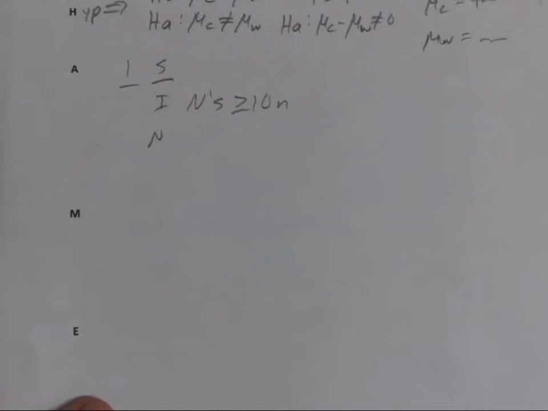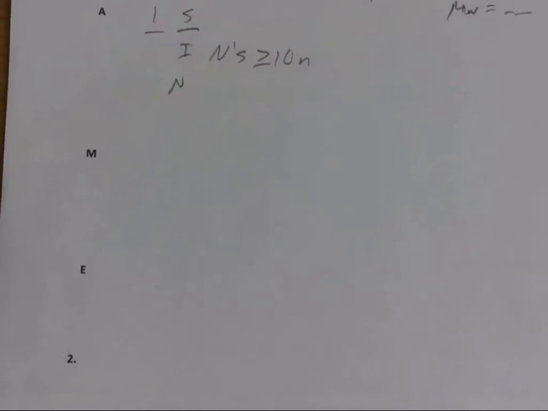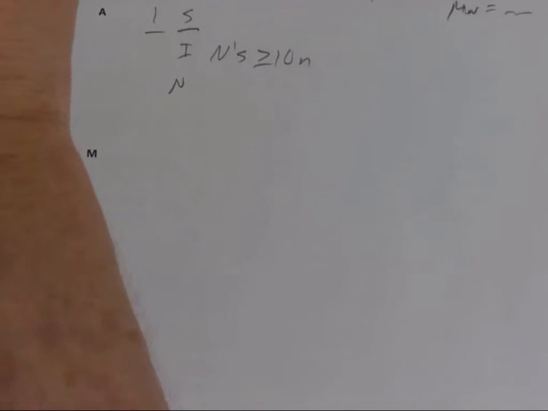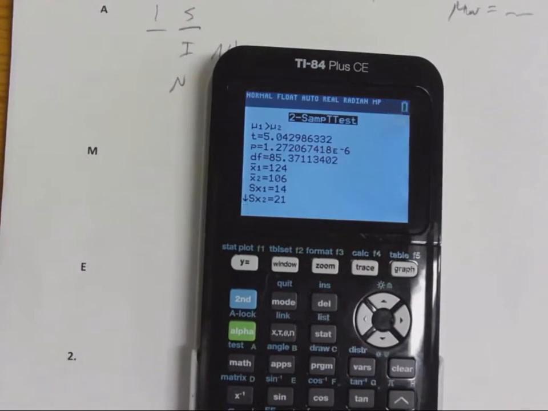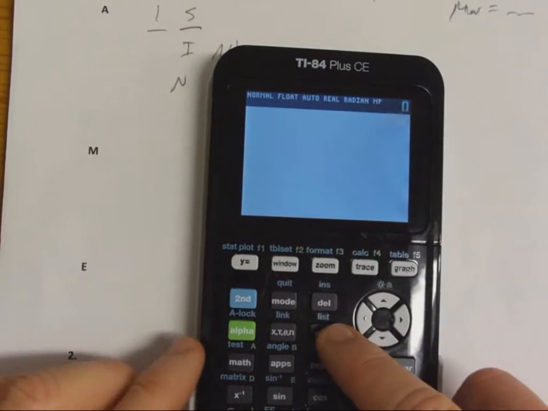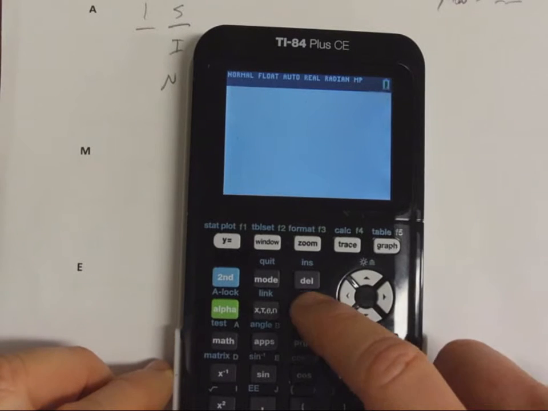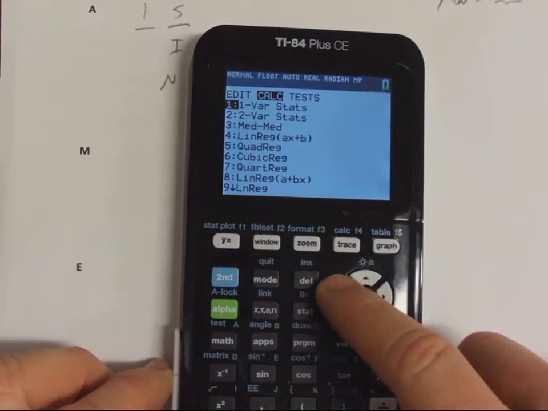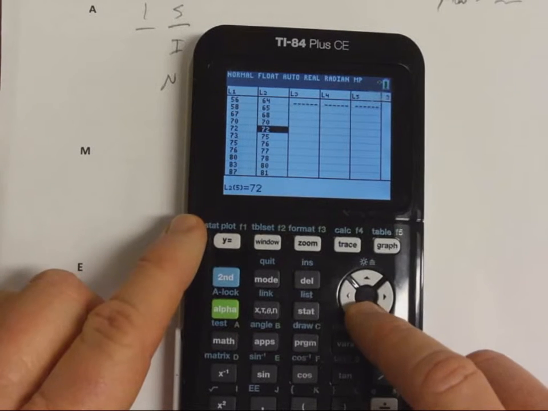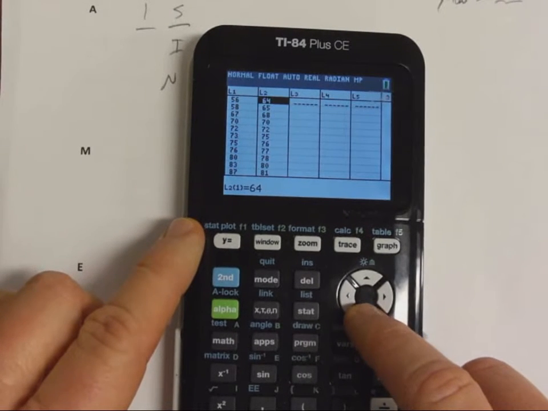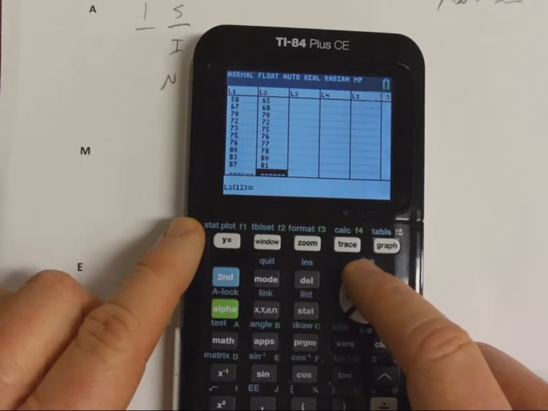Of course, I went through this in depth in that last example, so I won't do it here. I'll just use the calculator with the data. So what we would do to get our mechanics here is enter the numbers in a list. So we go stat, we go edit, and I enter them in list 1 and list 2. Just like that, okay? And of course, I could make different graphs with this.